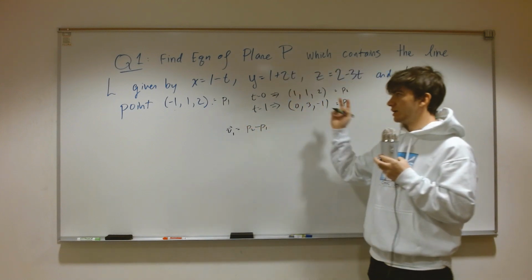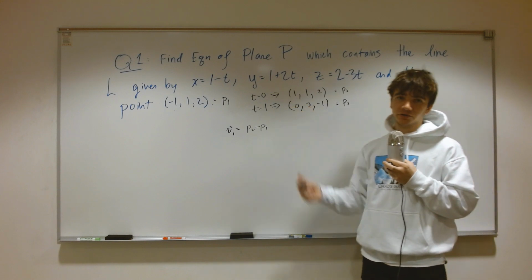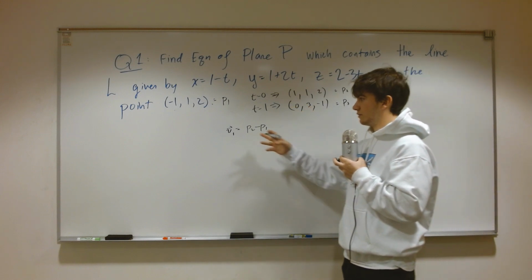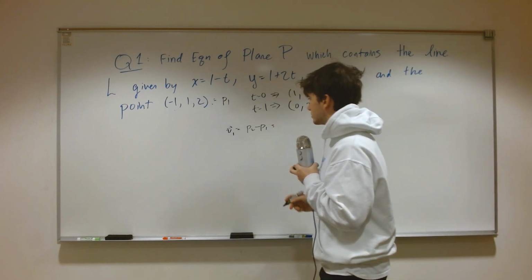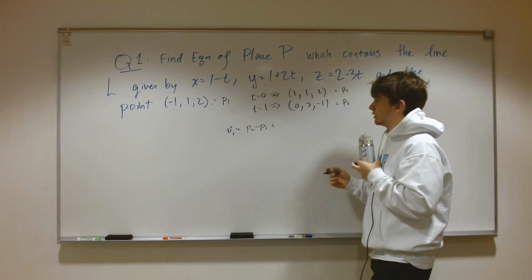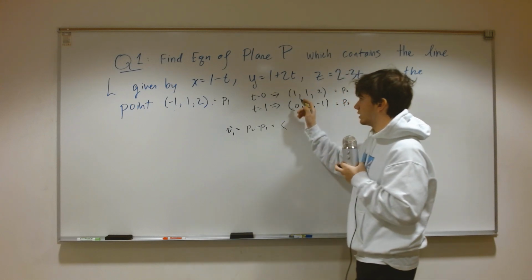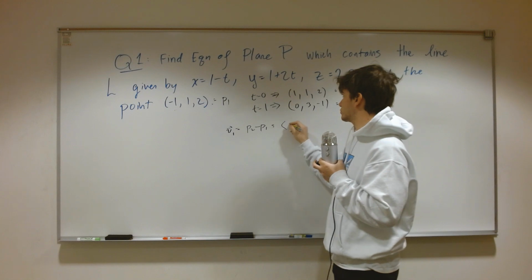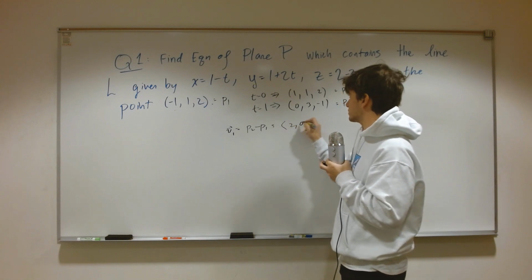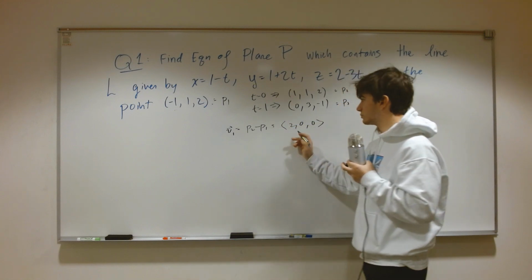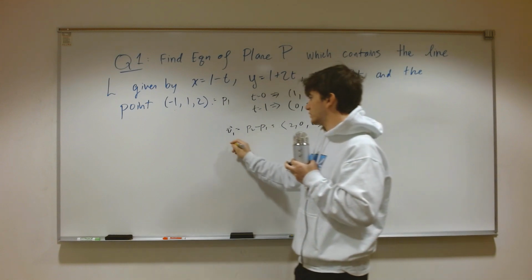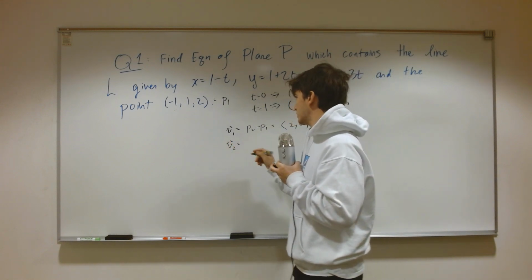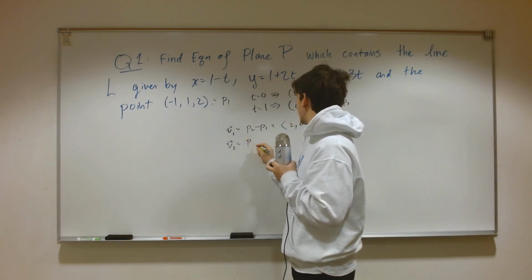You could subtract any two of these vectors, and you'd get a vector on the plane. So p2 minus p1, it's going to give me, let's see, 2, 1 minus 1 is 0, and 2 minus 2 is 0. So that one's pretty easy. And then v2, I'm just going to do p3 minus p1.